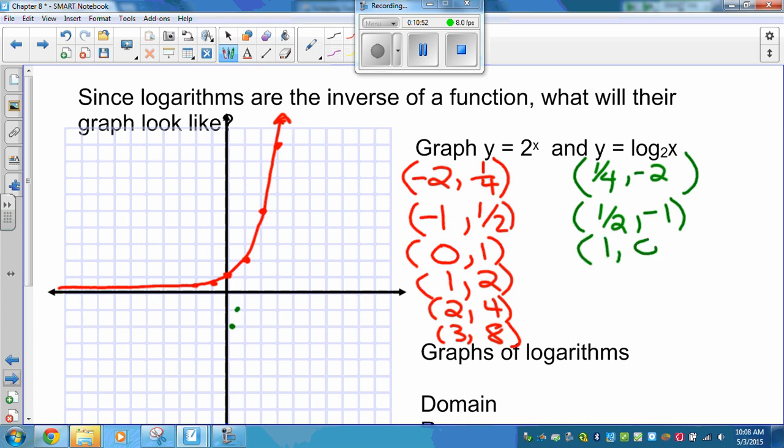I have 1 and 0, 2 and 1, oops, 4 and 2, so I'm just switching my x's and my y's, and finally 8 and 3.